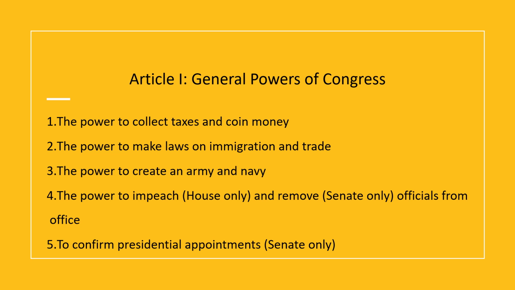In Article 1, Congress is given the power to collect taxes and the power to coin money. In the United States, there is one currency, and the power to coin that money is held by the United States government. So a few years ago, you might remember that there were $2 coins that were issued, and that was up to the United States Congress to do.